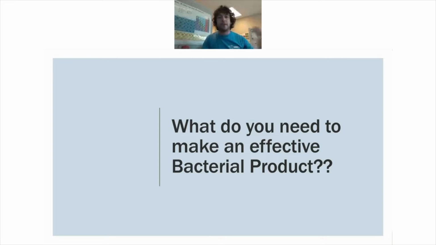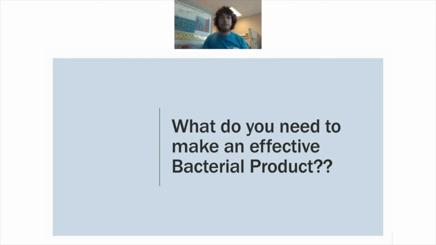You can throw in as many of a bacteria as you want, like our discussion earlier about the human intestinal bacteria, and if they don't have the right conditions and they don't have a little help, they're going to fail to thrive. So you can easily make a bacterial product that is cheap and has a good shelf life with bacteria in it, but there's a good chance it isn't going to work.